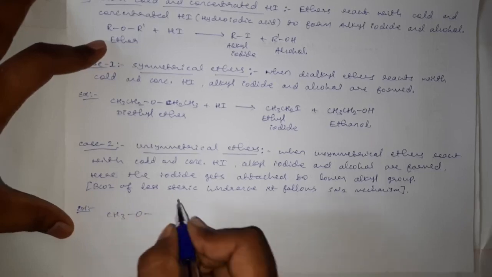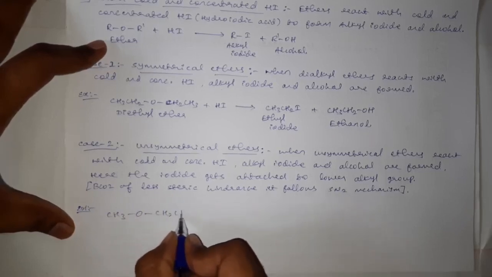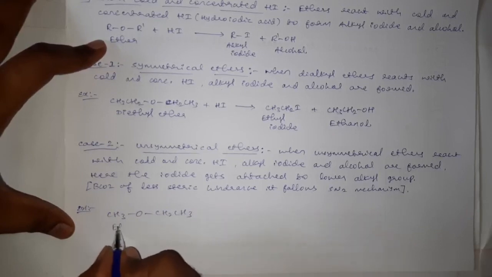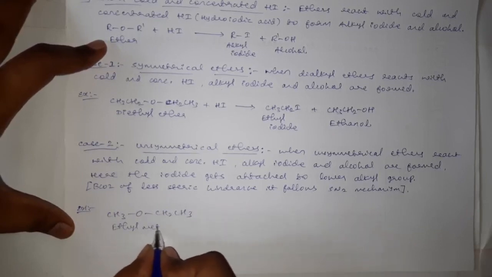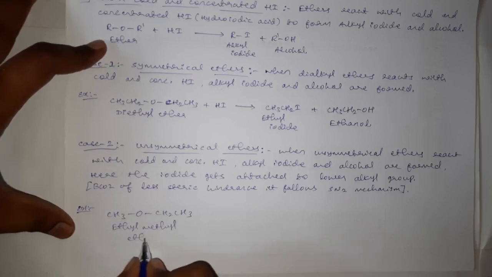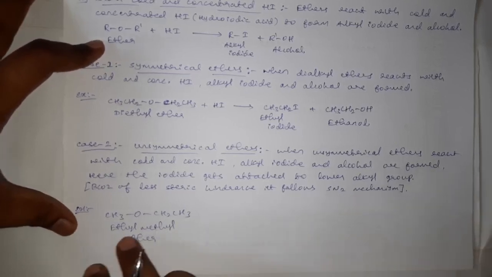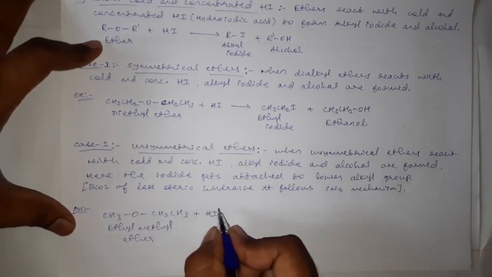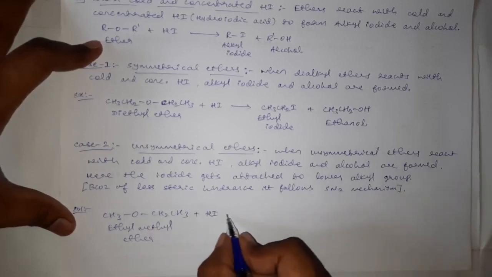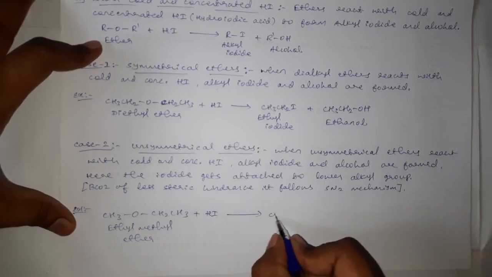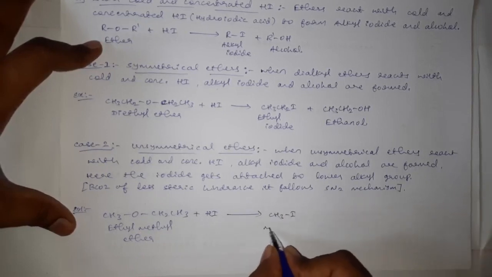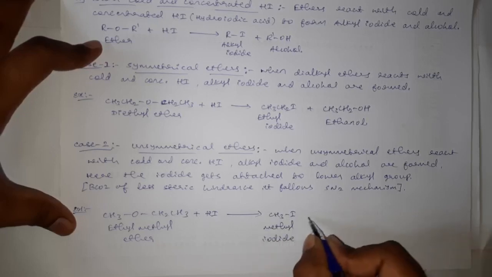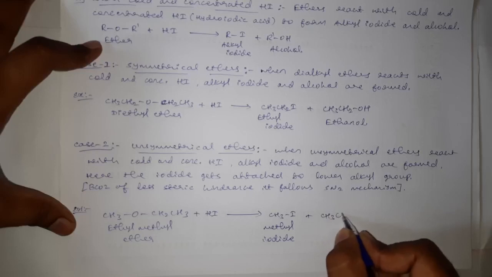See, for example, here we are taking one unsymmetrical ether, ethyl methyl ether. It is an unsymmetrical ether, and when it is treated with cold and concentrated hydroiodic acid, we will get an alkyl iodide and alcohol.